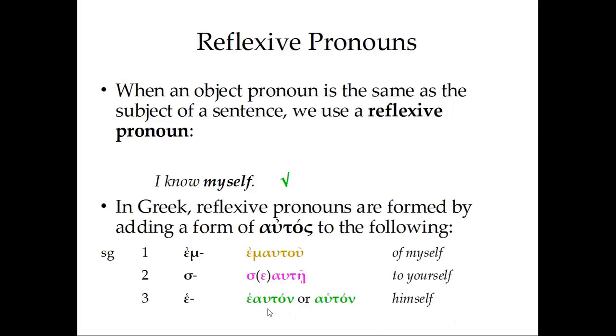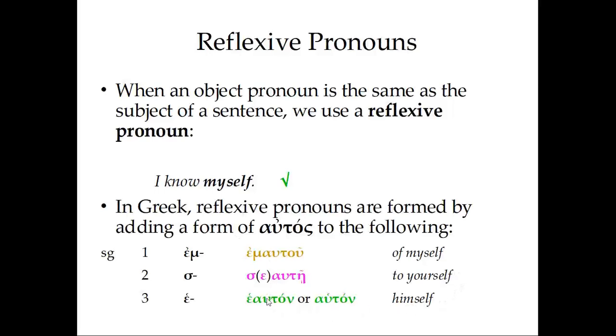So either he auton. We also have some contraction going on here. Instead of he auton, we can just do hauton. This is easy to confuse with auton, but it's a rough breathing, hauton. And this would be the accusative singular masculine, of course. So it would mean something like "himself" in context.